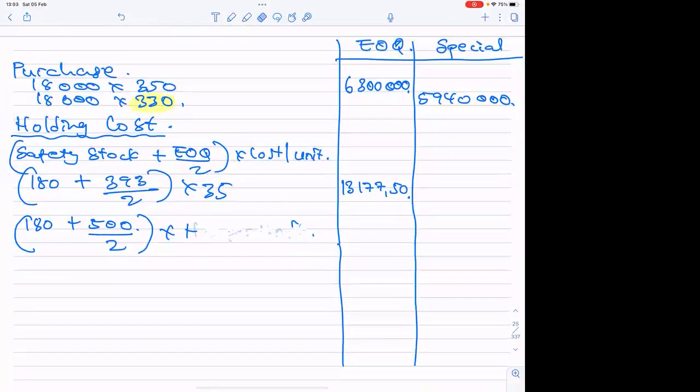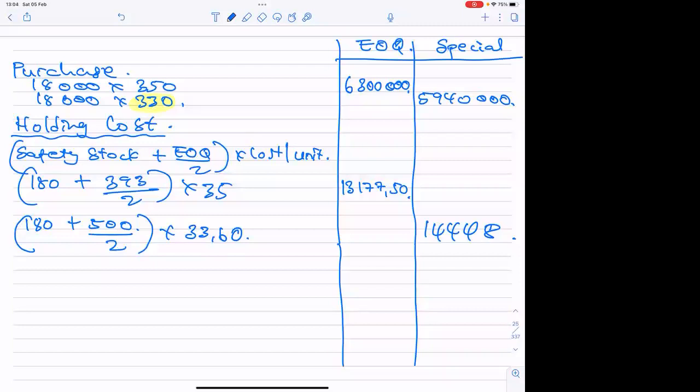These are rands, 33.60, right? So it will be 250 plus 180 times 33.60. So it will be 14,048. So you can see we have saved in purchasing, but we have increased in holding cost. Are we together?